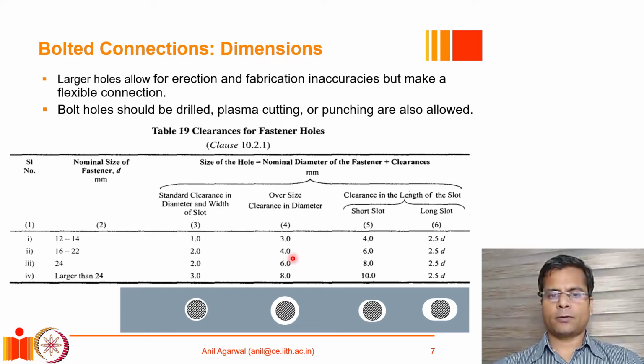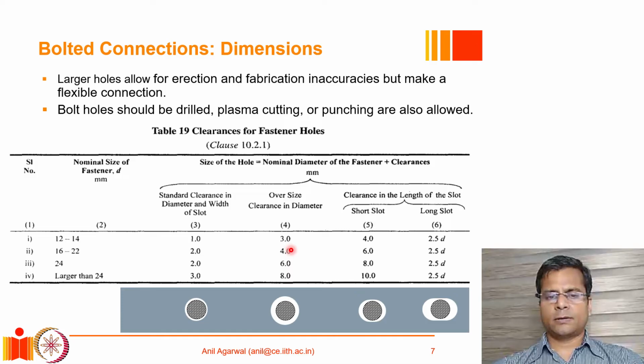In certain conditions where we are not so sure about our capabilities to fabricate accurately, we may decide to go for an oversized clearance in some of the bolt holes. The reason for that could be if we need more space to be able to fit the bolt, or if we want to have some flexibility to accommodate some lateral movement, or some relative movement between the plates, we would want to go for an oversized clearance.